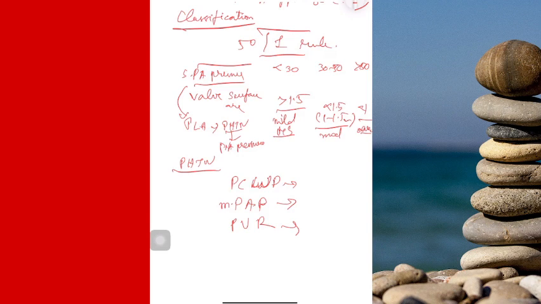See, your mean pulmonary artery pressure should be more than how much? Your mean pulmonary artery pressure should be more than at least 15 mm of Hg. Your pulmonary capillary wedge pressure should be less than 25, and your pulmonary vascular resistance should be more than 3 Woods unit. Do you have this in your Robbins or not?